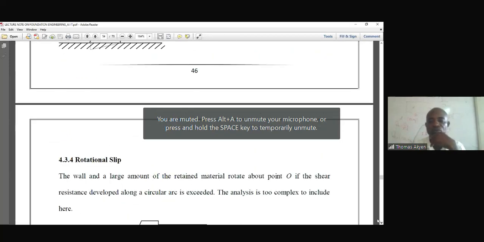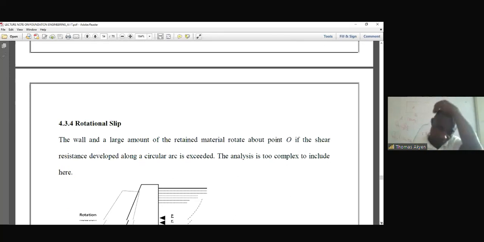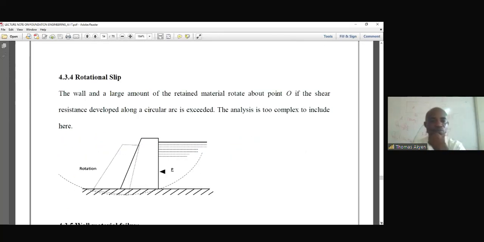Now we also have the rotational slip. The wall and a large amount of the retained material rotate about a point if the shear resistance developed along a circular arc is exceeded.